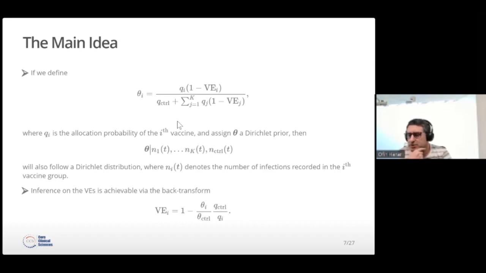The multinomial distribution has a conjugate Dirichlet prior, and that means that the posterior distribution of those parameters will also be a Dirichlet one. The Dirichlet distribution is just a multivariate generalization of the beta distribution. So it's a bit like the beta binomial distribution extended to any number of groups.